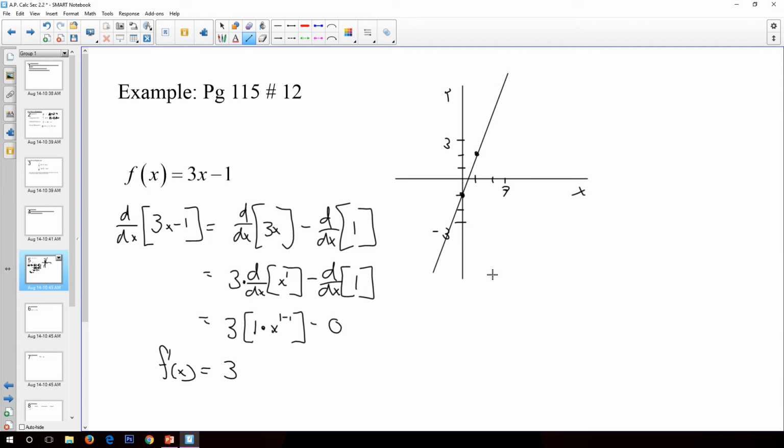This says that the slope of every tangent line, because that's what the first derivative does, the first derivative at its basic level finds slopes. Come on, S-L-O-P-E, there we go. It finds slopes of tangent lines.